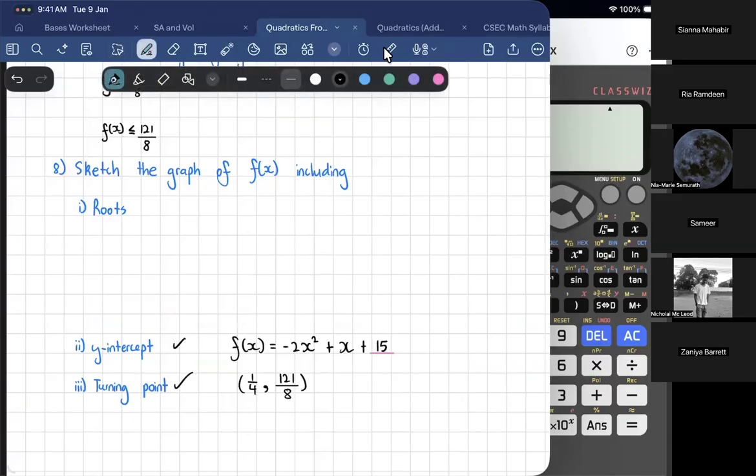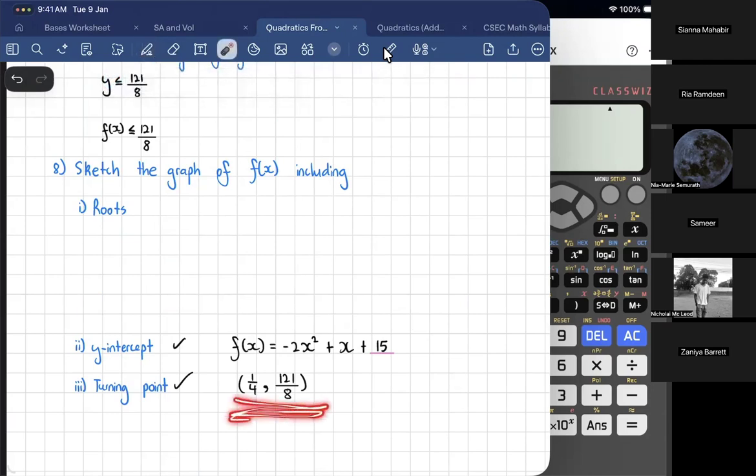So in other words, f of x could be equal to what? At the x-intercept, well, you know. Y is 121 over 8. Mhm. This is not the x-intercept, that's the maximum point. Here is what I was saying.